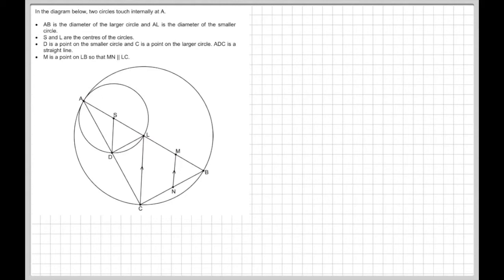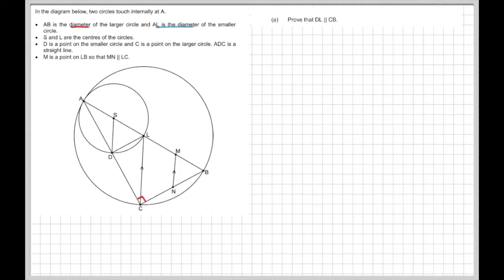Now, if I do the sum, I'm going to start with the information. So let me start. First of all, AB is a diameter of the larger circle. So in other words, because AB is the diameter, little c, or angle C, is 90 degrees because of angles in a semicircle.